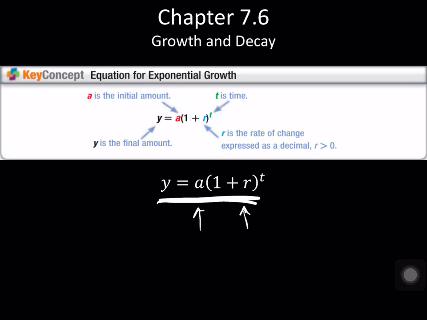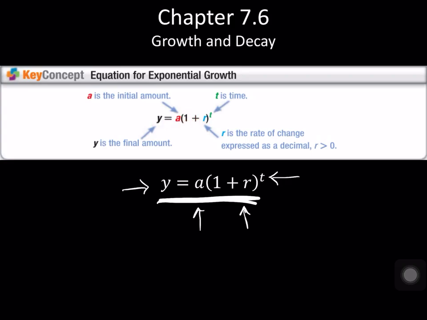change. Okay, T, we're raising to the power T, and T is going to stand for time. So how long are we going to have something exponentially grow, or in just a few minutes have something exponentially decay? And then Y is our final amount. Right, so if A is what we start with, and then we do all of this exponential growth to it, Y is the final amount.